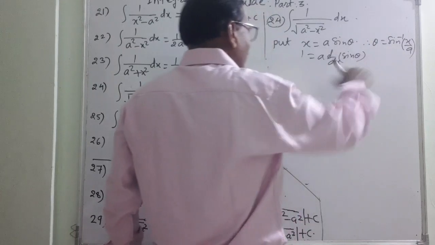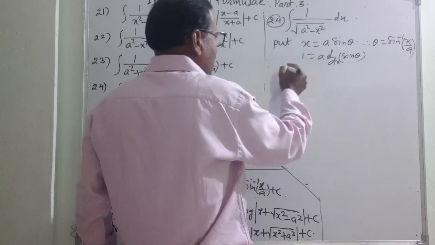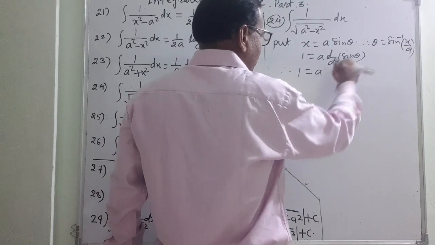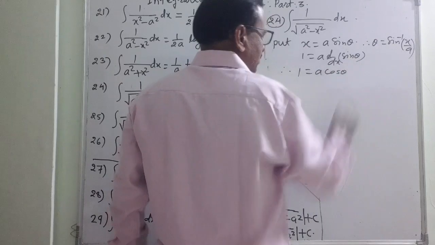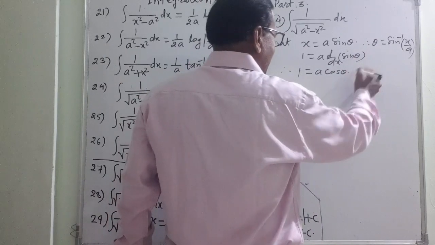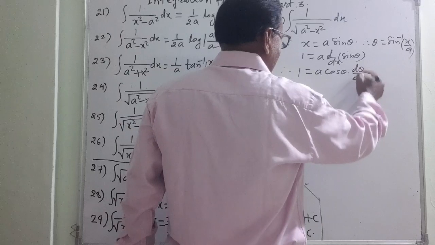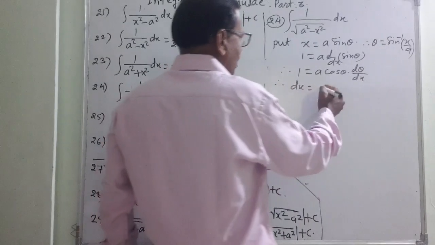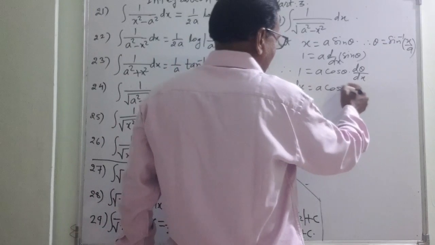Therefore, 1 is equal to a, derivative of sine theta is cos theta, and the derivative of theta is d theta by dx. Bring this dx here. Therefore, dx is equal to a cos theta d theta.